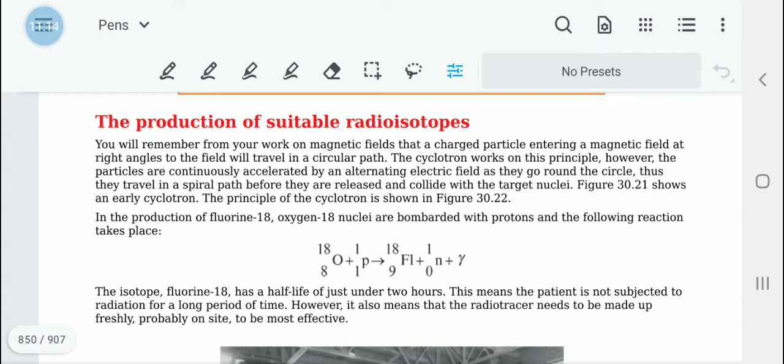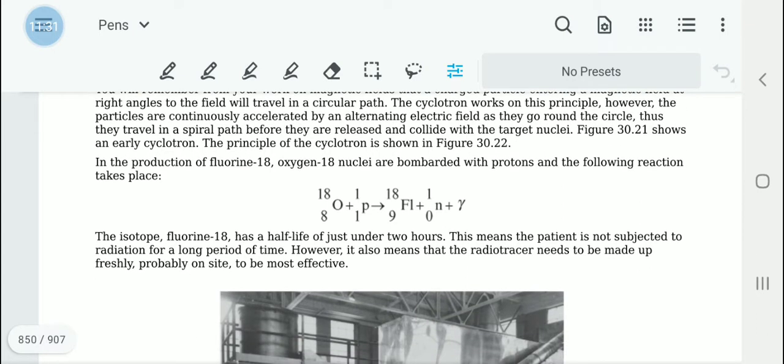The cyclotron works on this principle. The particles are continuously accelerated by an alternating electric field when they go around a circle. As a result, they go in a spiral path before they are released and collide with the target nuclei.